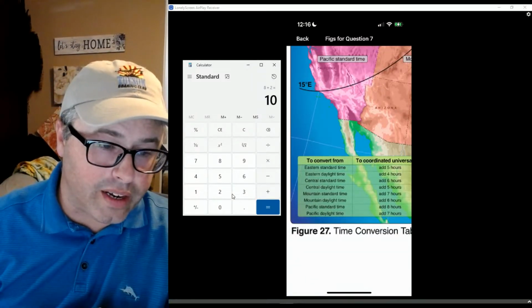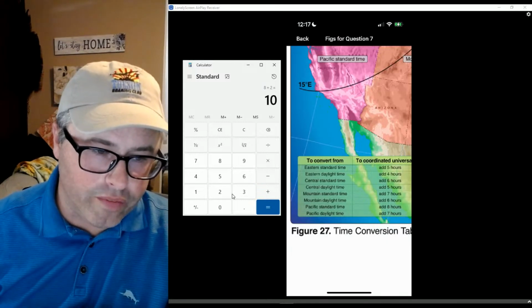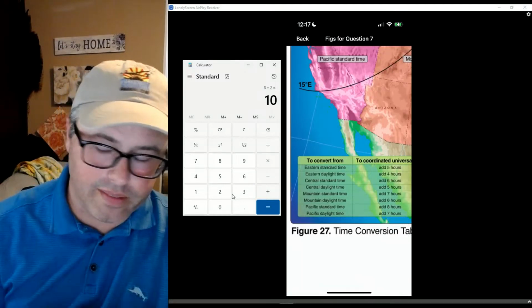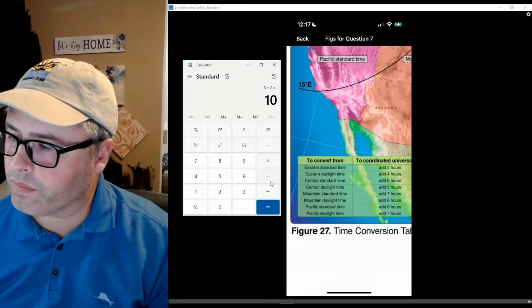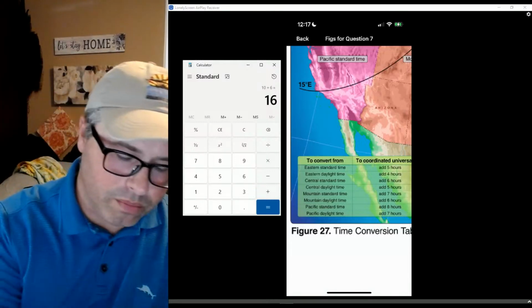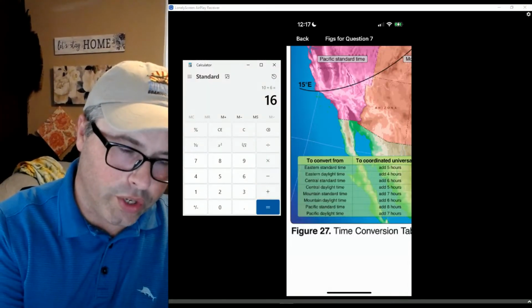So by the time we get there, it's 10:45 Central Standard Time because we left at 8:45, and now we add an additional 6 to that. I think that's the easiest way to think about this one. 16:45 Zulu time, or UTC.